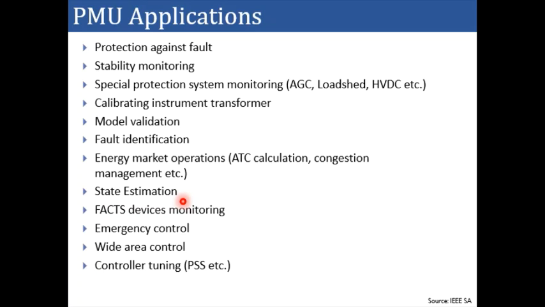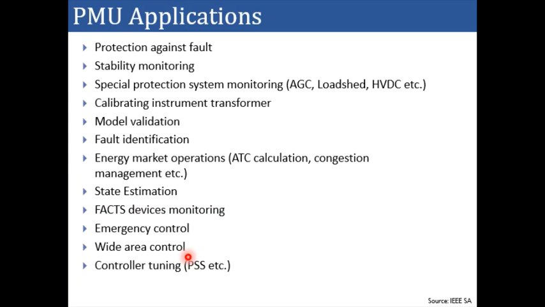Now, FACTS devices monitoring. Flexible AC transmission system devices we can monitor and even fine-tune with the help of phasor measurement unit data. We can also utilize PMUs for any emergency control for the power system network. We can use PMUs for wide area monitoring and control, because PMU helps in giving the data time stamped with the help of the GPS clock.